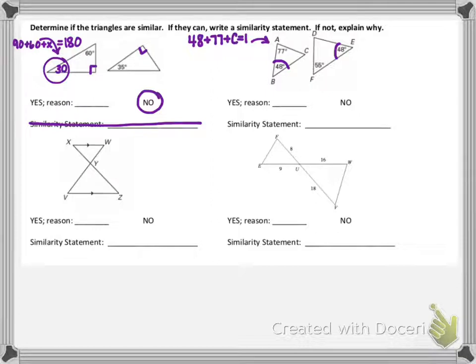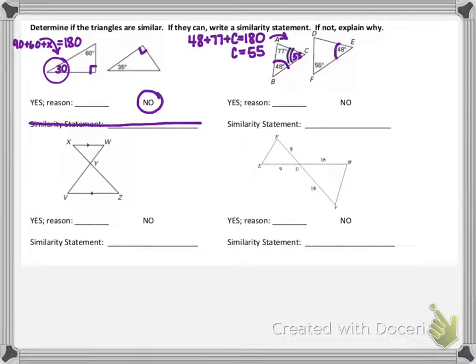Let me move this over. So then I'll take 180 and subtract 48 and 77 from it. We'll end up with 55. So now I know angle C is 55 degrees.